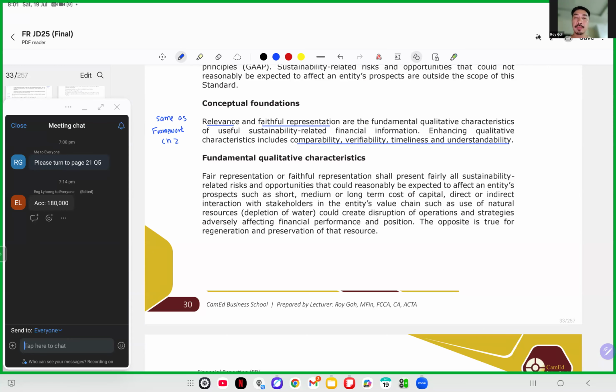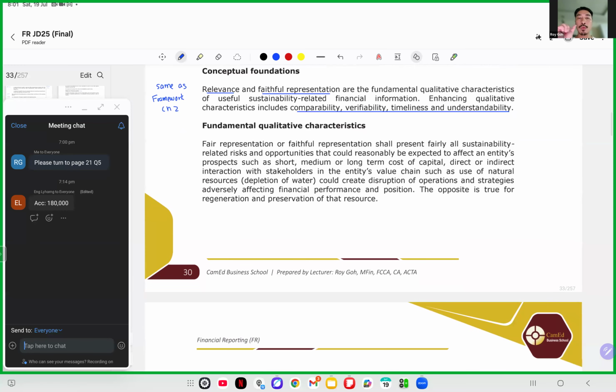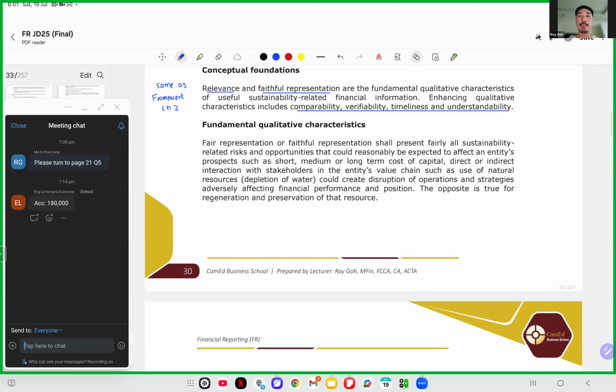What do we report? We report both good news and bad news. Also report short-term, long-term, medium-term. So here, IFRS S1 shall report ST short-term, MT medium-term, LT long-term.